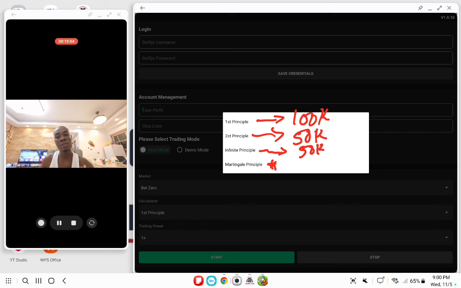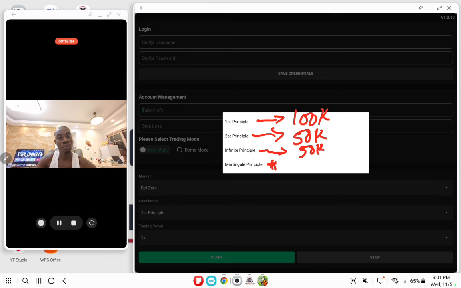If you are using this one, use it with the aim that, in fact, if you have 50,000 naira in this one, it's supposed to be for one-time trading power, but then you can use a two-time trading power or even a three-time trading power. But using the three-time trading power, remember why I did not put the amount along these ones that I said is very good.